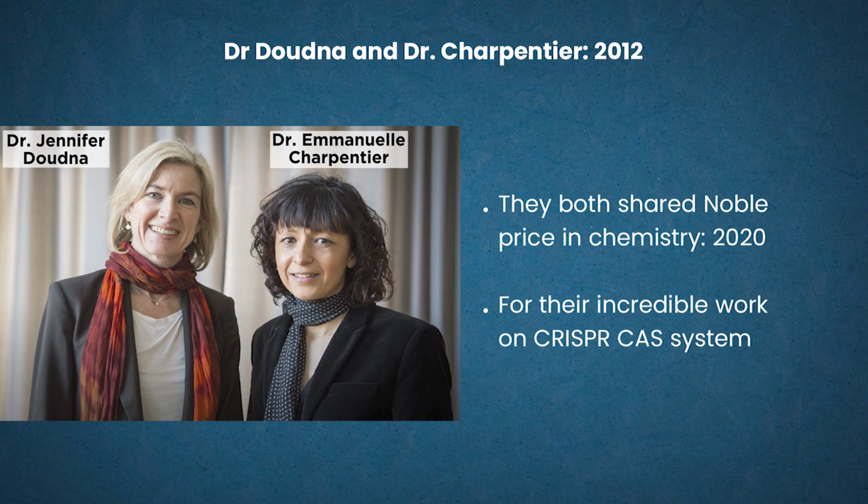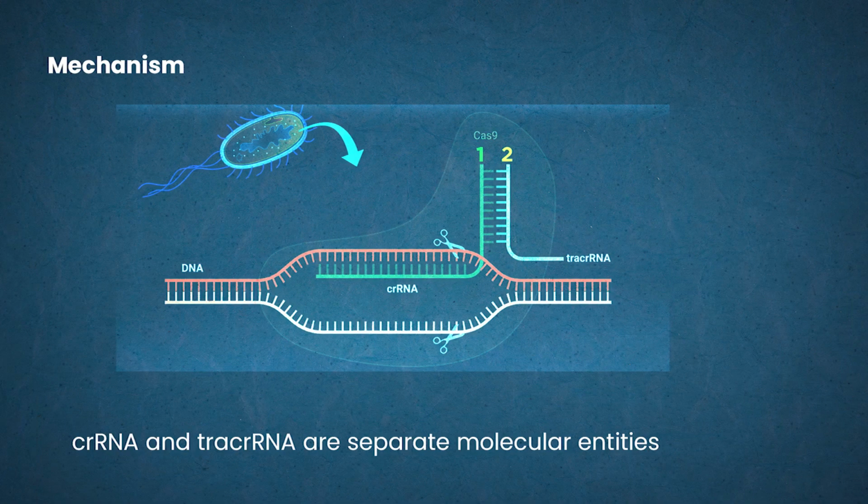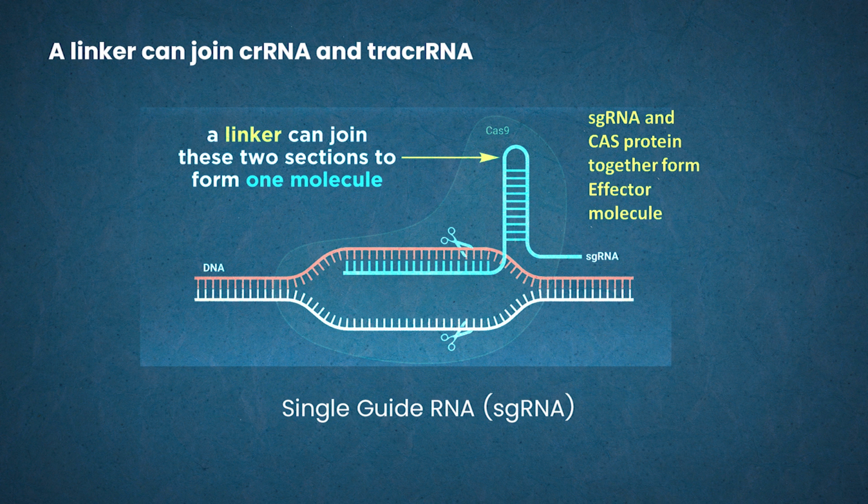So far we have studied the case of viral infection in bacteria, where you have crRNA, Cas9 protein and tracrRNA. The crRNA and tracrRNA are different molecules, but we can add a linker and join these two different molecules together to form one single molecule that contains the crRNA as well as the tracrRNA, and we call it sgRNA.